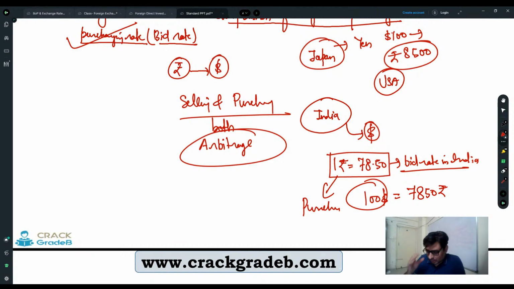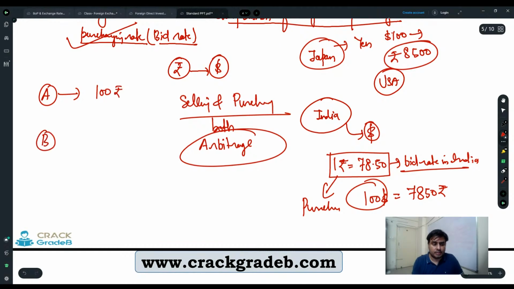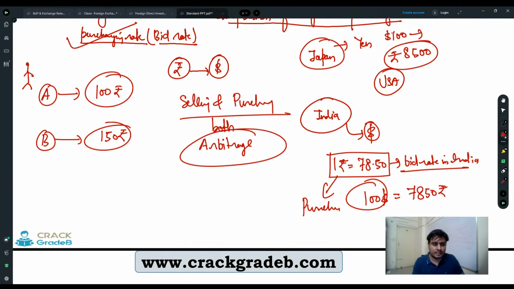Sometimes, to make more profit, I have given you the example: at place A the price of apple is, suppose, 100 rupees, and at place B the price of apple is 150 rupees. This person is purchasing from here and selling here, so that he can make a profit of 50 rupees, right?